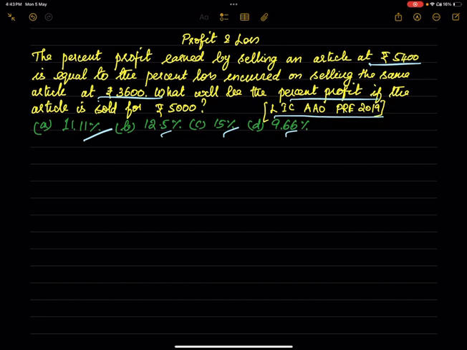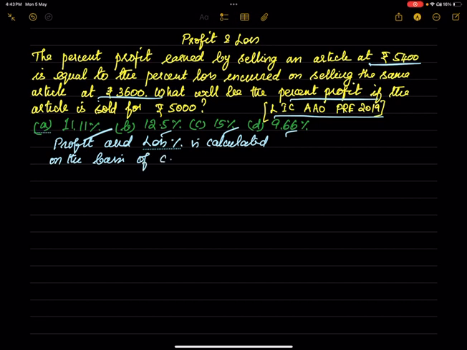But CP is not given in this problem. Profit and loss percentage is calculated on the basis of CP.